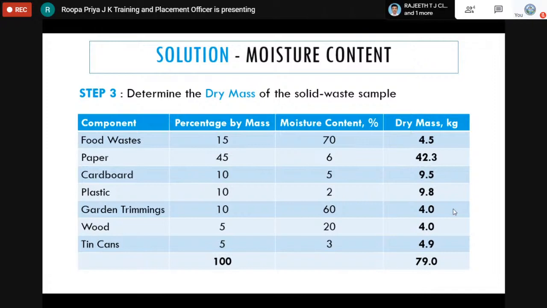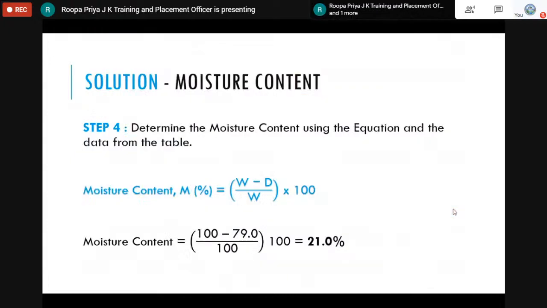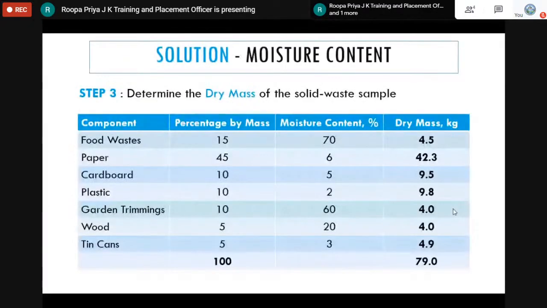And the total of the dry mass value is 79 kg. Use these two values to compute your moisture content, which is equal to (100 minus 79) divided by 100 into 100, which gives you 21%. So simple calculation, please remember how to calculate the dry mass in kg. So this completes your moisture content calculation.